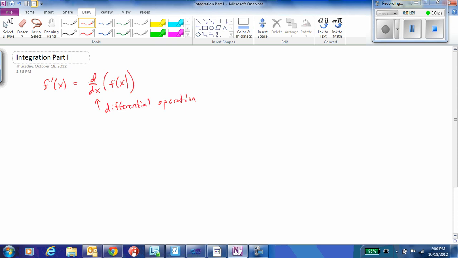And from a physical standpoint, we think of f prime of x as giving the slope or rate of change of the original function f of x. So it's a mathematical operation. When you have a function and you do the derivative of it, you get a new function.